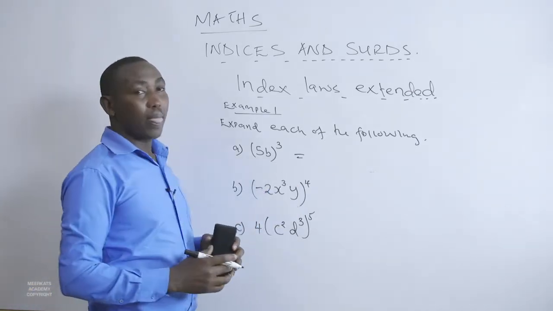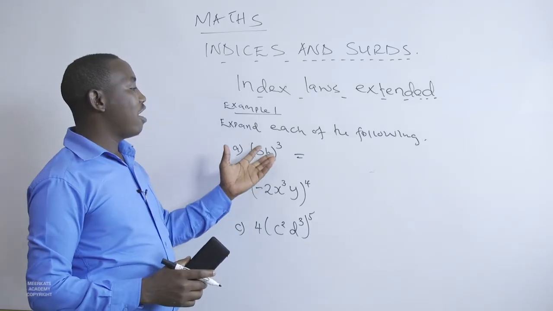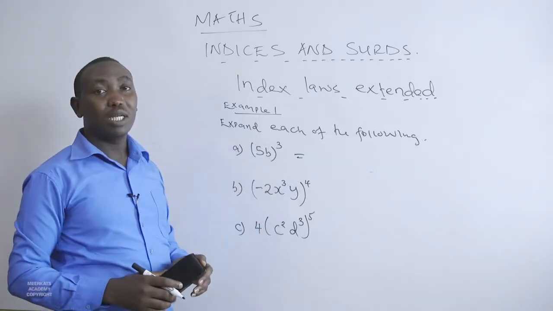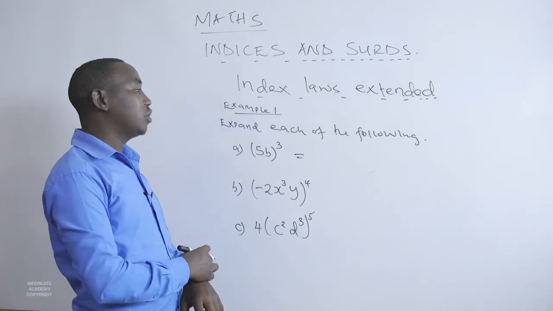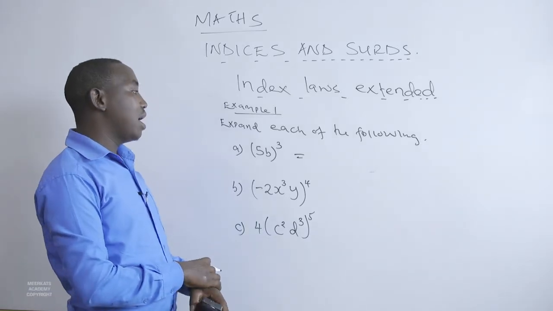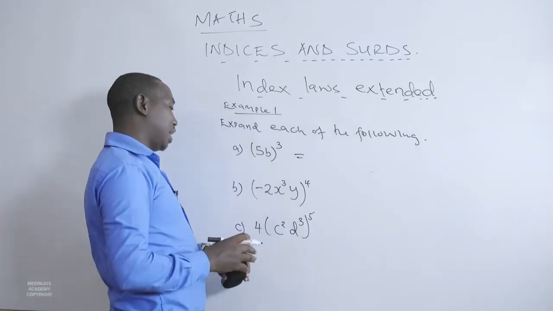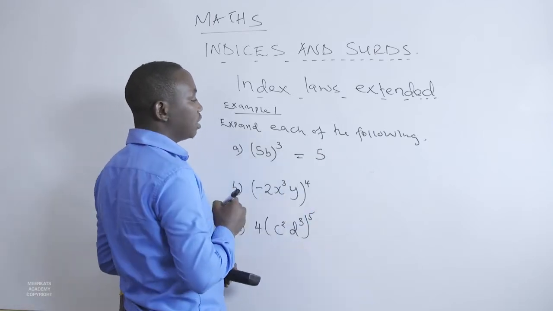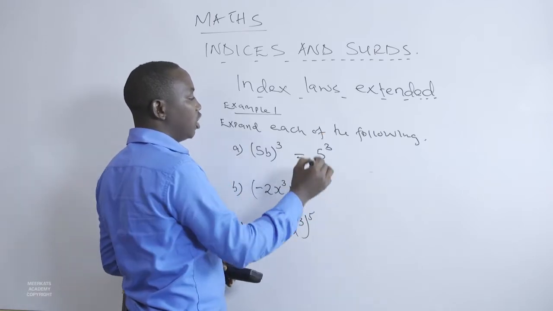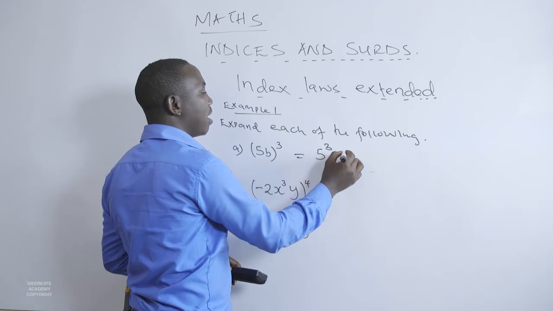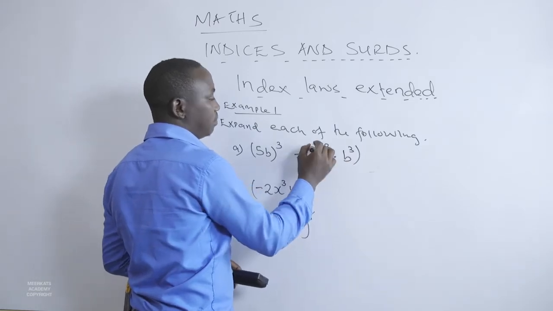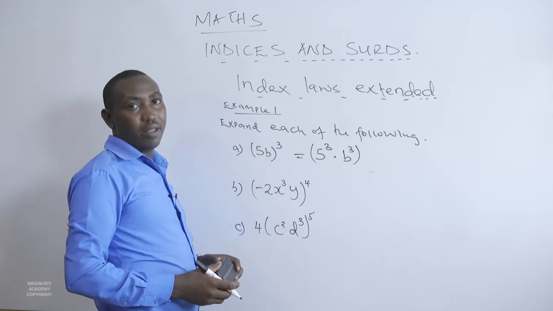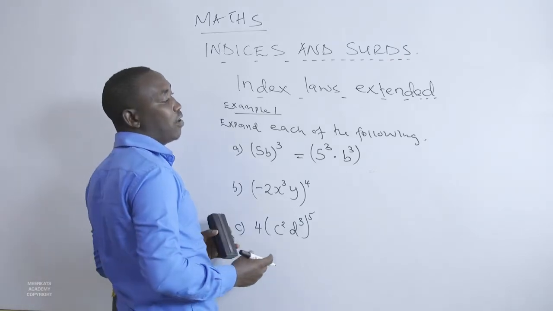So we had said that whenever you have 5b raised to the power of 3, that means everything inside that particular bracket has been raised to the power of 3. And therefore, each independently will be raised to the power of 3. That means we're going to have 5 cubed multiplied by b cubed. That happens after filtering in the said power.